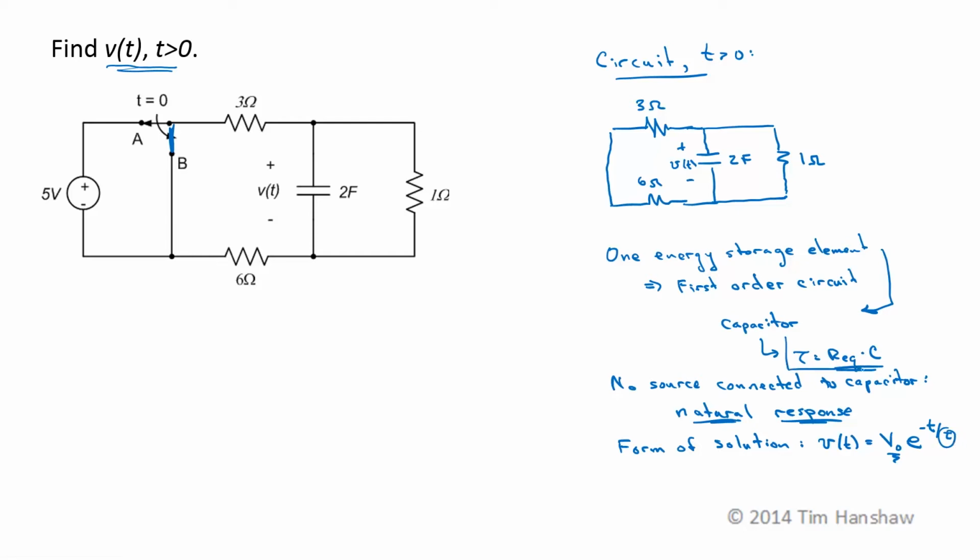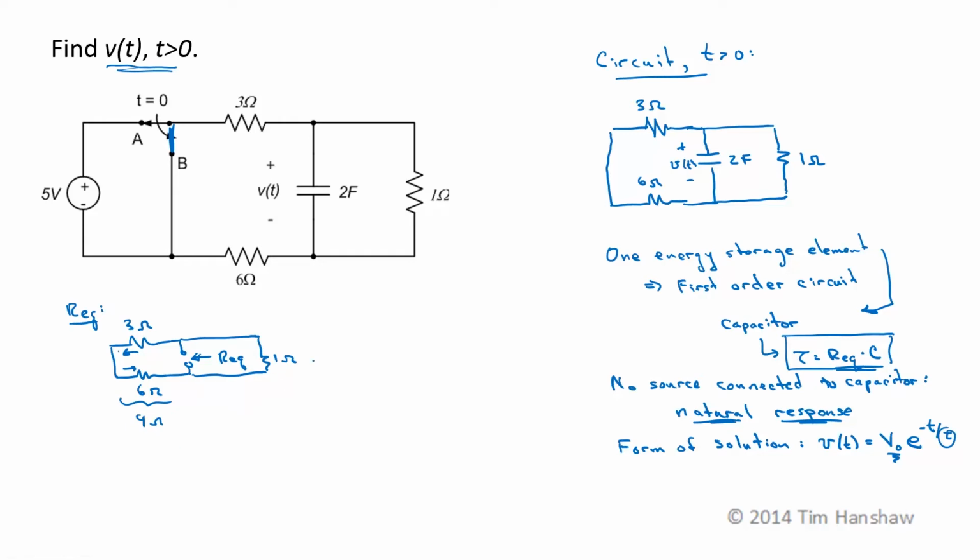I've already decided that tau is going to be the equivalent resistance seen by the capacitor times the capacitance. So let's calculate an equivalent resistance, which is going to be the Thevenin resistance seen by the capacitor. So pull the capacitor out. If I do KCL here, these resistors share the same current. They're in series, so this becomes a 9 ohm equivalent resistance.